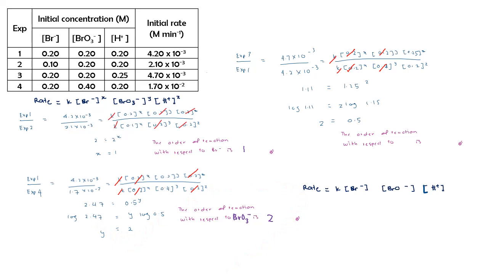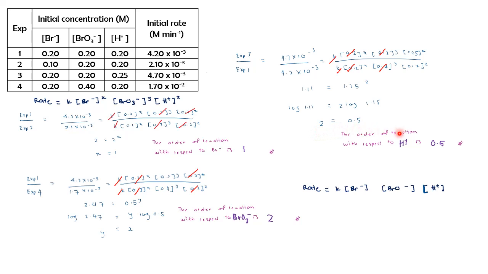And for the third one, the order of reaction with respect to H plus, it is order 0.5. From the calculation, when you compare experiment 3 and experiment 1 and you substitute the values, you simplify and then log both sides, and then you will get your answer. z equals 0.5.